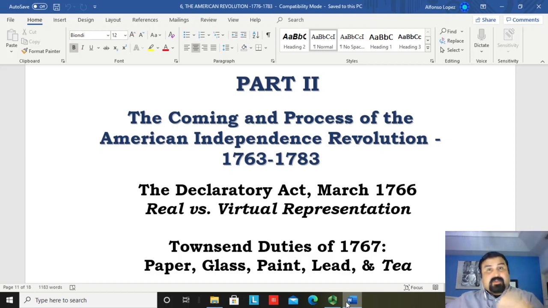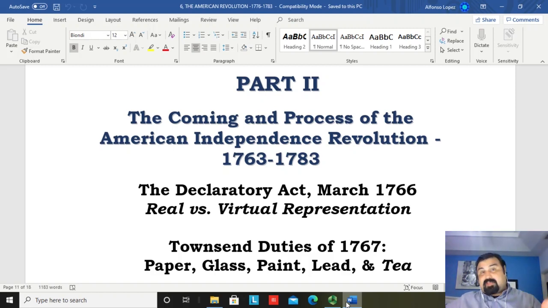Now let's move into the next segment here, looking at the coming and process of the American Independence Revolution. And again, we're going to see now things moving faster towards independence, because as I just mentioned a moment ago, colonial leaders, particularly the merchant class, feel that they have to pay all of those taxes, that their trade is now restricted, that they cannot trade freely with outside merchants.